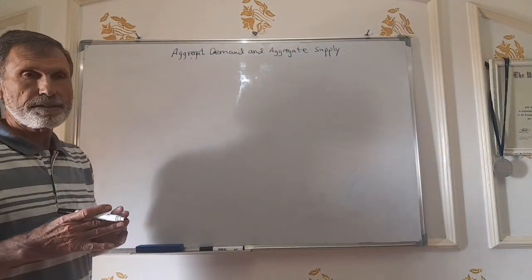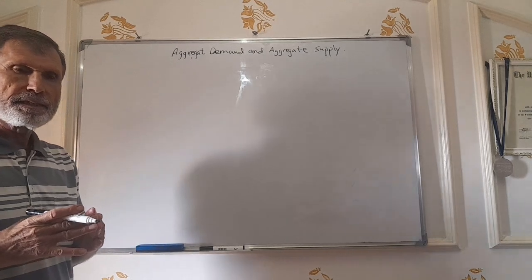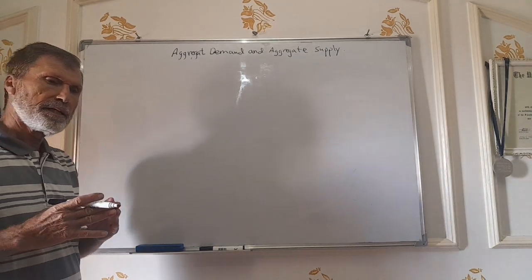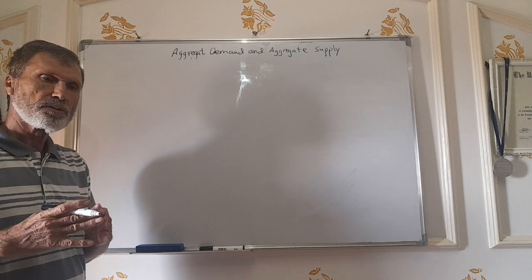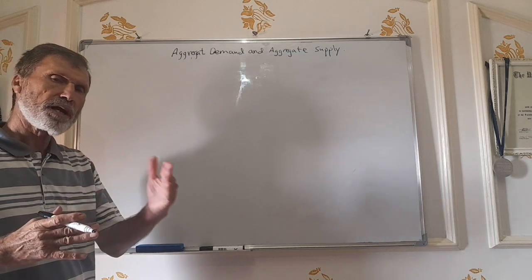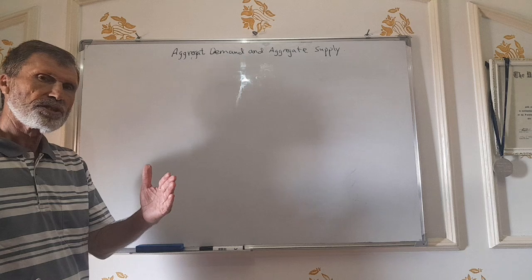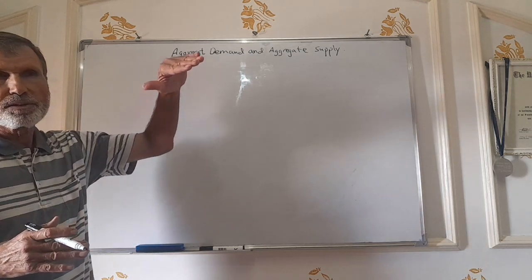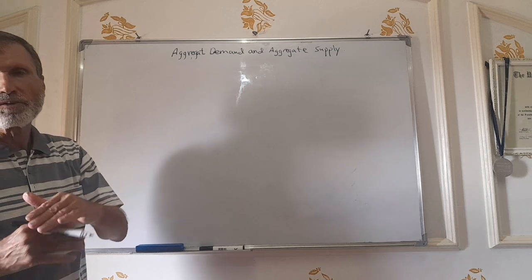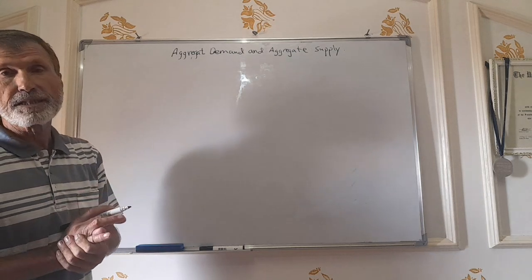Now the second effect put forward by economists to explain the inverse relationship between the price level and the quantity of GDP, that is, the downward sloping of the aggregate demand, is the interest rate effect.